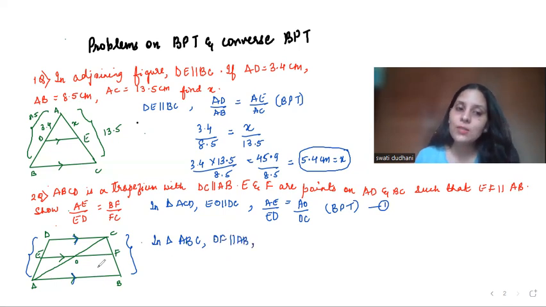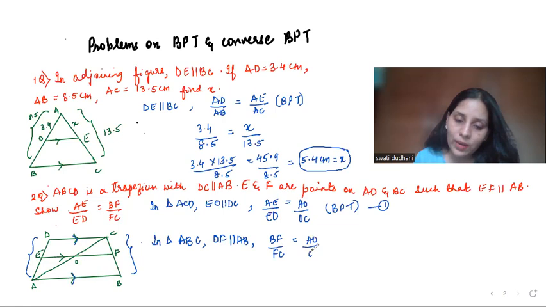If OF is parallel to AB, in a triangle, if you have one pair of parallel lines, then the other two sides are proportionally divided using BPT. So the sides that we have: BF by FC is equal to AO by OC, again using basic proportionality theorem.